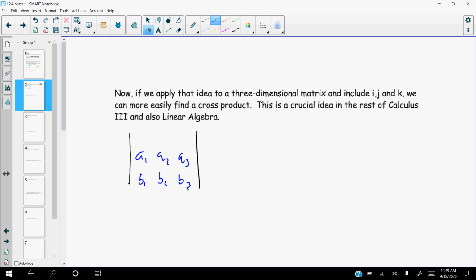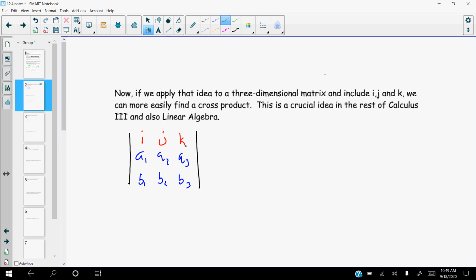You cannot have some other dimensional matrix, which is more of a linear algebra topic. We won't be dealing with that anyway. So what we need to do is create the 3-dimensional matrix by including I, J, K.